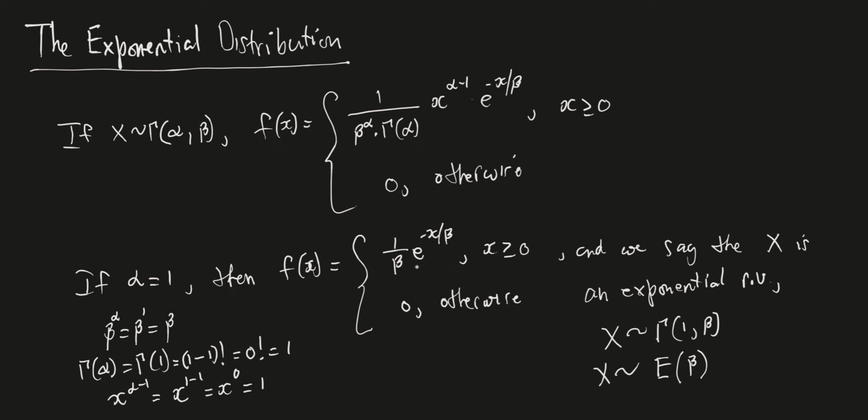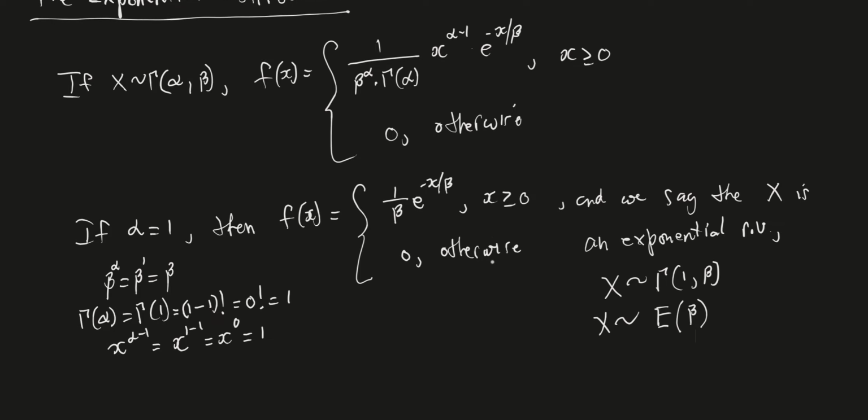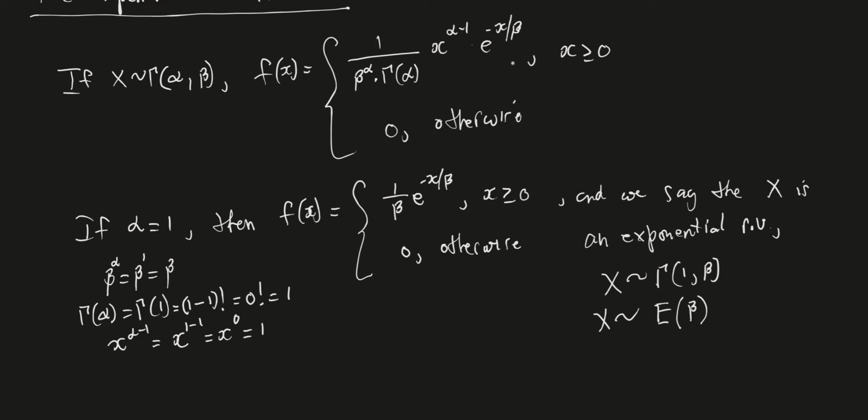So for all intents and purposes, the exponential distribution has one parameter, that's our beta, and this is how we can denote it.